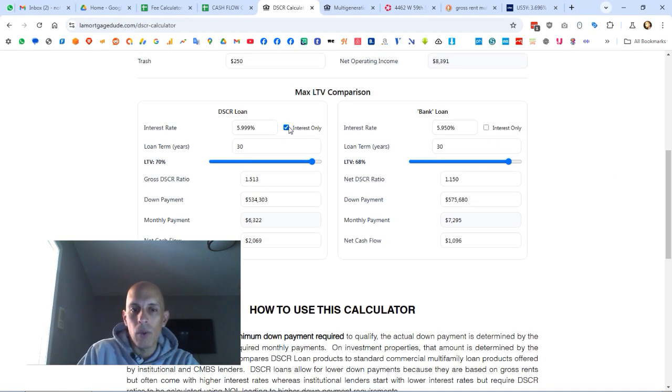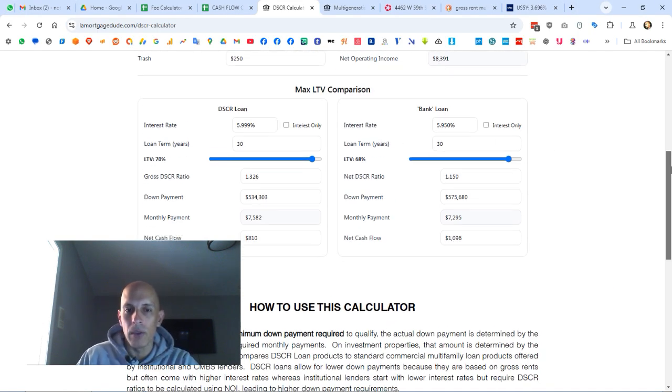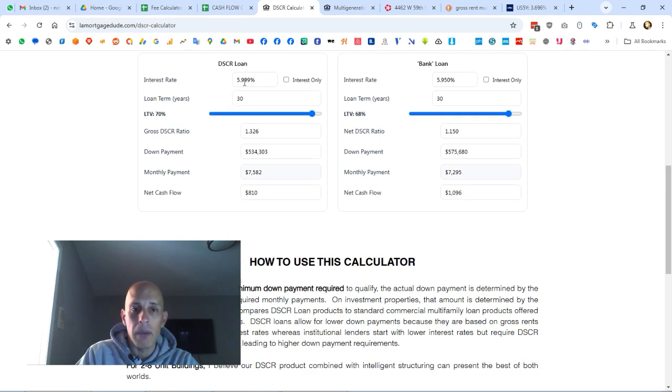So let's say you don't want that. Let's say you want fully amortizing, right? And you don't want to buy down interest rates. So now you're going to need a DSCR ratio of at least 1.2, and then you're going to have to again do at least 30% down. But your interest rate is going to be closer to 6.875 in today's market. So you're still not quite at 1.2 with the 25% down payment, but we take it up to 30% down.